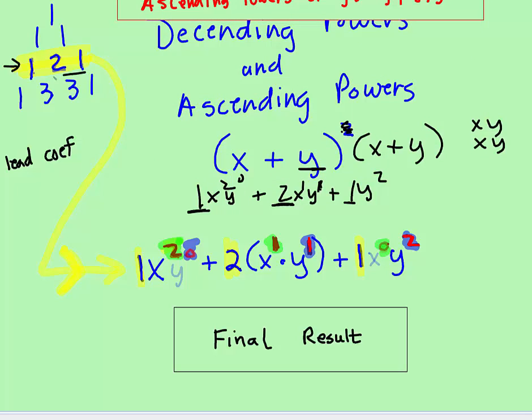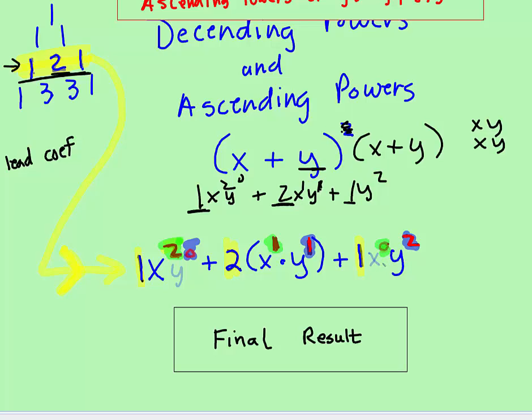So according to this right here, we're going to have 1, and then we're going to have descending. So x squared, y to the 0. Then we're going to put a plus sign. Here's the lead coefficient, 2. Well, there was x squared, so now it's x to the first. There was y to the 0, y to the first, then a plus sign, and then we have 1 again. x to the 0 and y to the second.